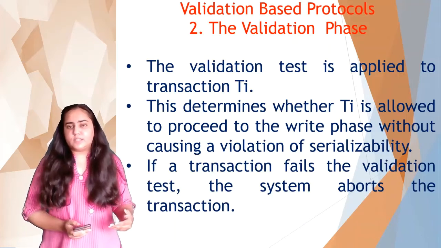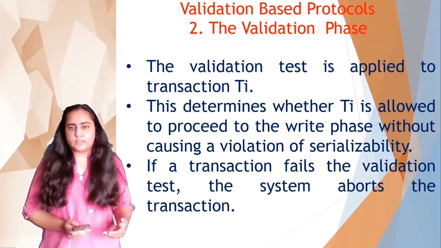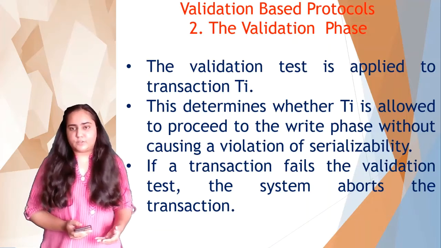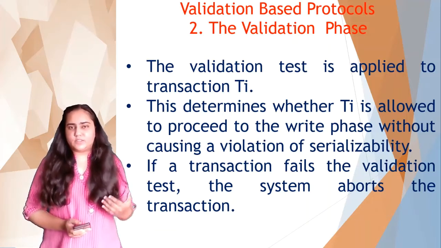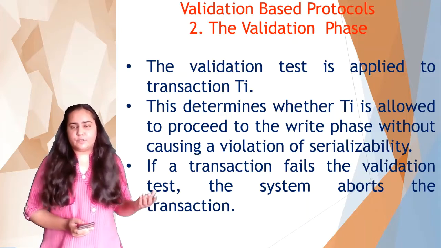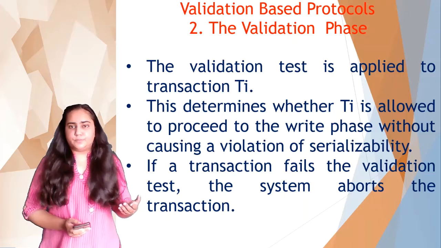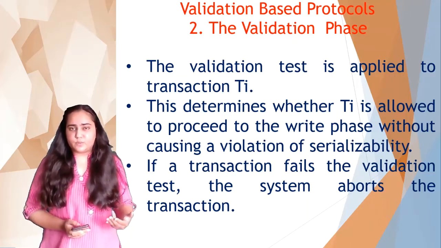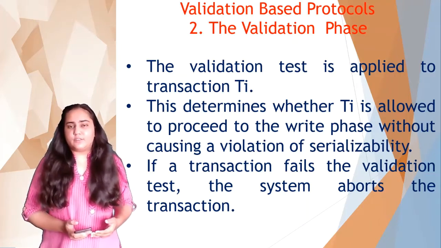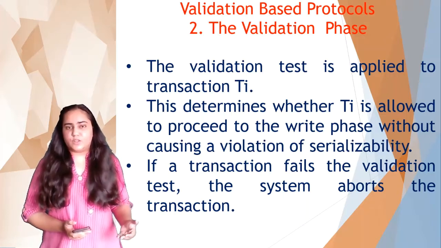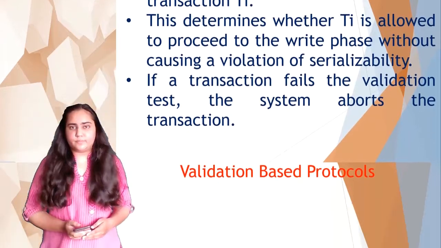And if the transaction fails the validation test, then the system aborts the transaction. So it's a very simple validation phase. There's a validation test. If the transaction passes, it is allowed to move to the write phase, which is the next phase. If it fails, the system aborts the transaction.